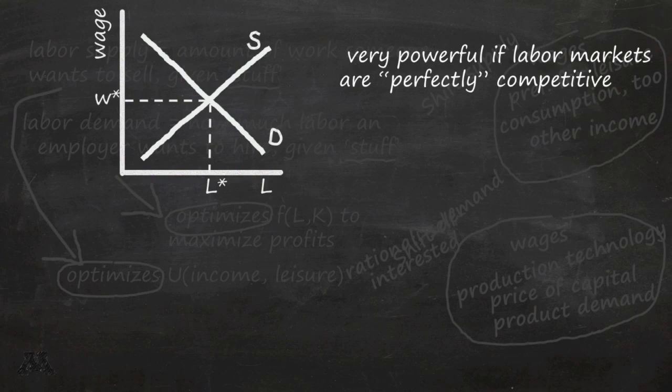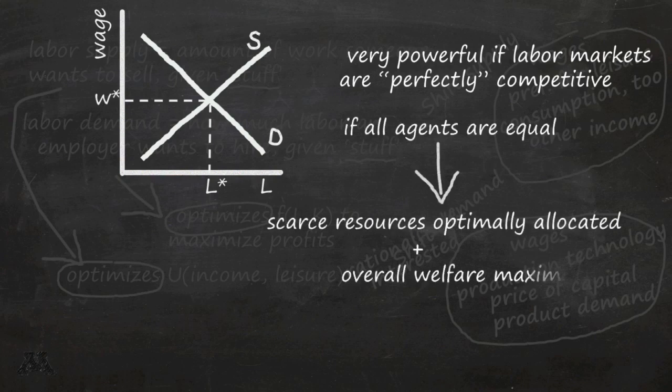Markets are perfectly competitive when all agents, in this case employers as well as employees, have complete information, when transactions are costless, when property rights are legally protected, and other requirements are met such that all agents are equal. And when this is true, basic economic theory can show that there is no better way to allocate scarce resources. There's no better way to maximize overall welfare than relying on the invisible hand of competition in perfectly competitive markets.